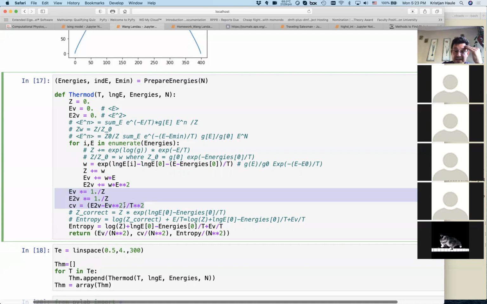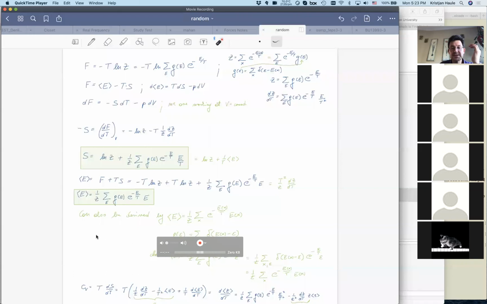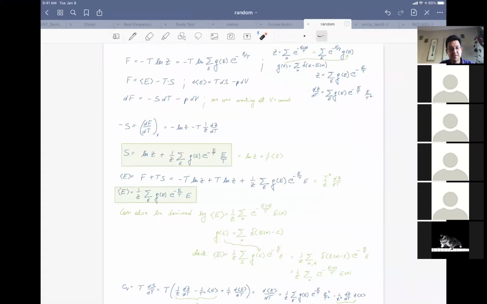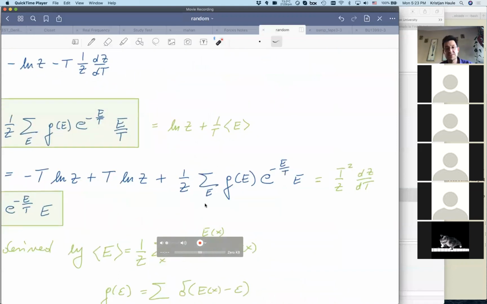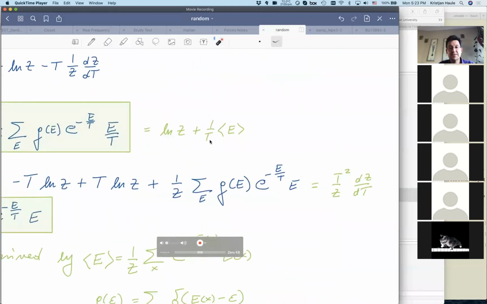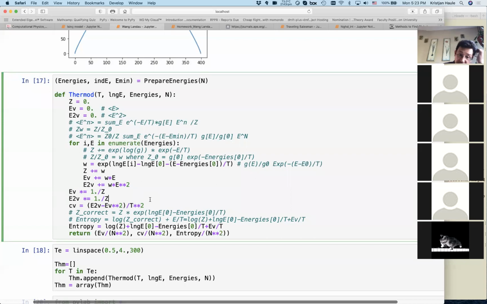And now we want to add the entropy. So the expression for the entropy I just derived today here. The best way to do it is to look at this expression. So it's log Z plus 1 over T times the average energy. So how do we calculate this? So it's like Z correct. I call it correct because this is the real Z, not the Z weighted by Z0.